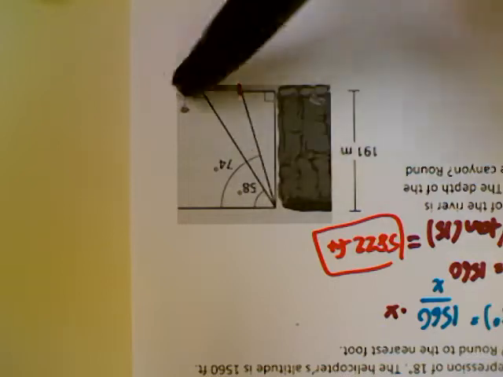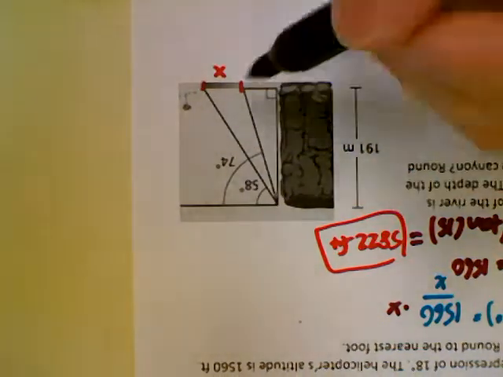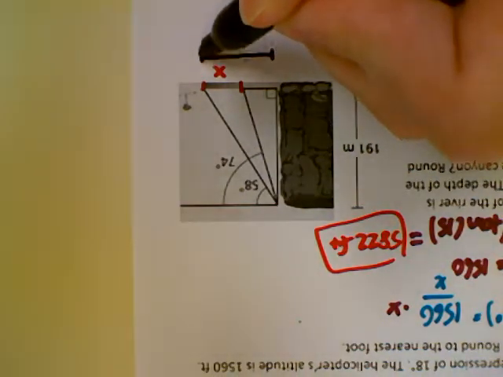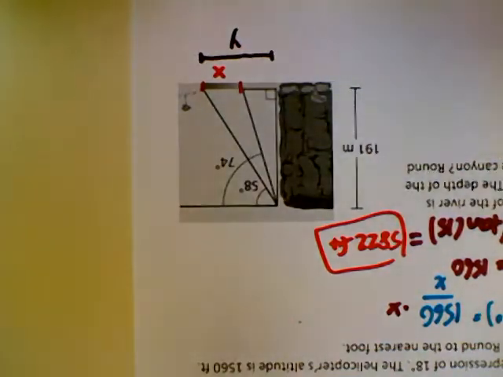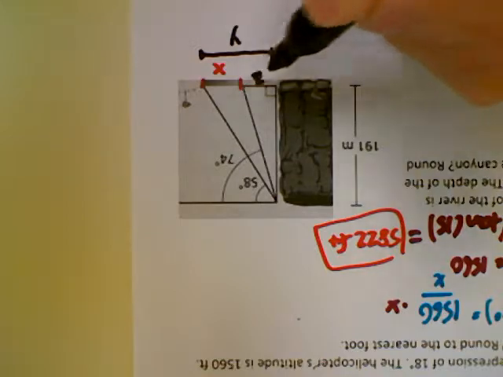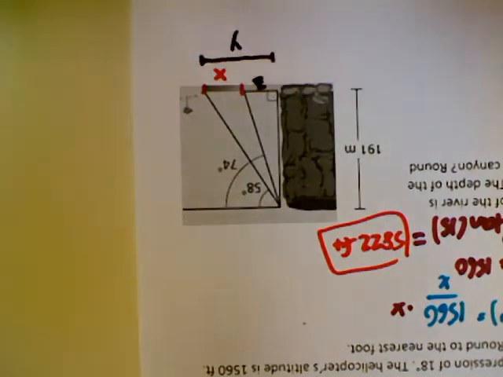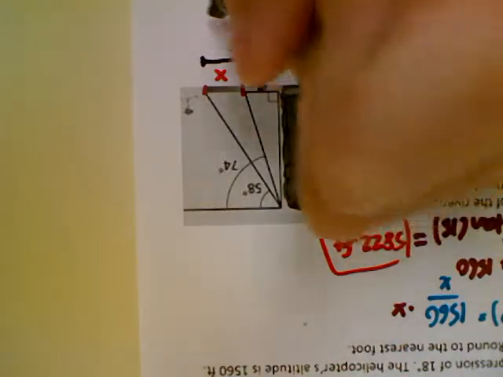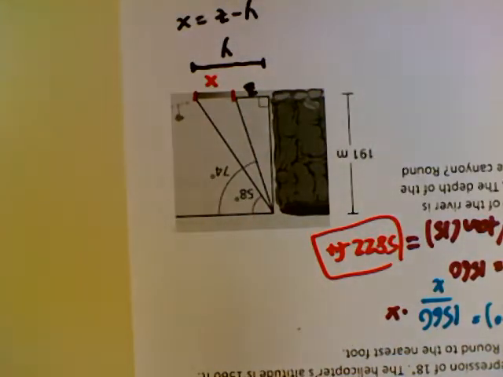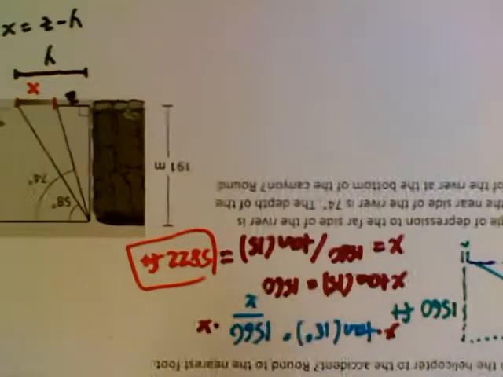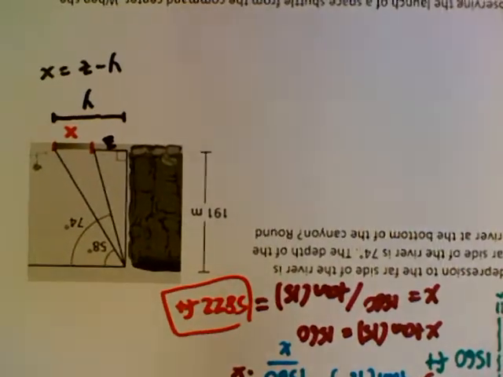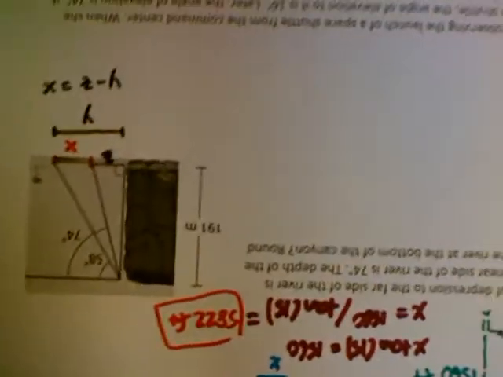If I could find the bottom of the large triangle, which I'll call y, and then the length of this small triangle here, which I'll call z, I could take that away and find out what x is. So y minus z is going to equal x. If you're getting confused by the variables, don't worry, I'm going to set up some triangles to show you how this could work.